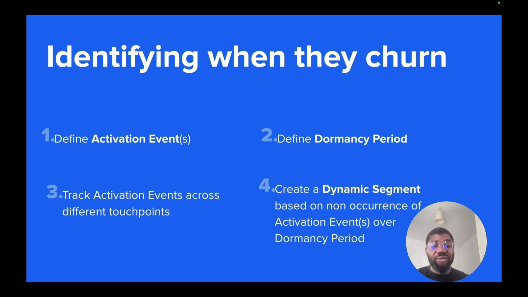Okay, and that is your activation event. And like I said, this could be more than one. If you look at Instagram, for example, activation events could be either making a post or watching a post, because not everyone will post, and some people will just come to Instagram to watch.